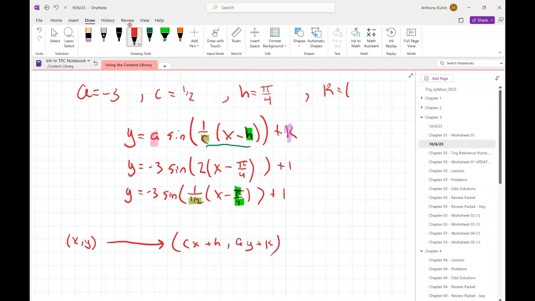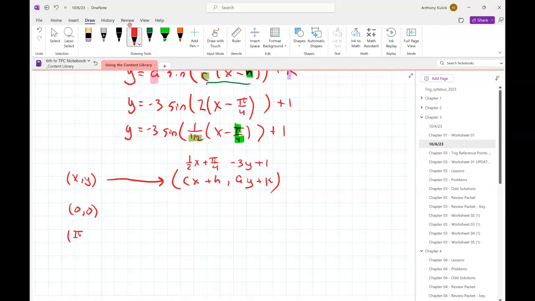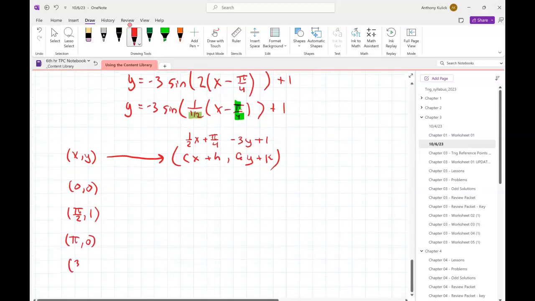So I'm going to go ahead and plug in my C, H, A, and K into my formula. So Cx plus H is 1/2 x plus pi over 4. Ay plus K is -3y plus 1. I'm then going to take my reference points from the sheet that we just looked at a moment ago.